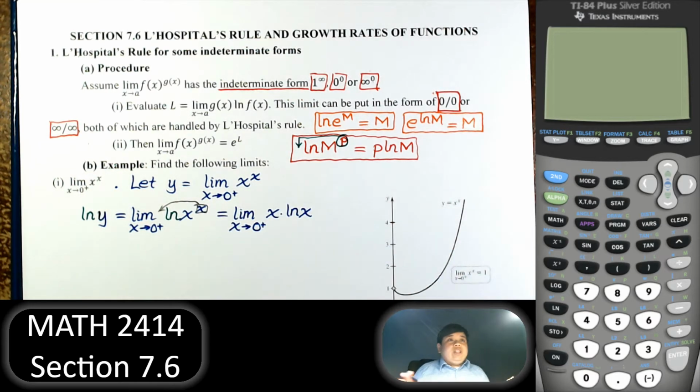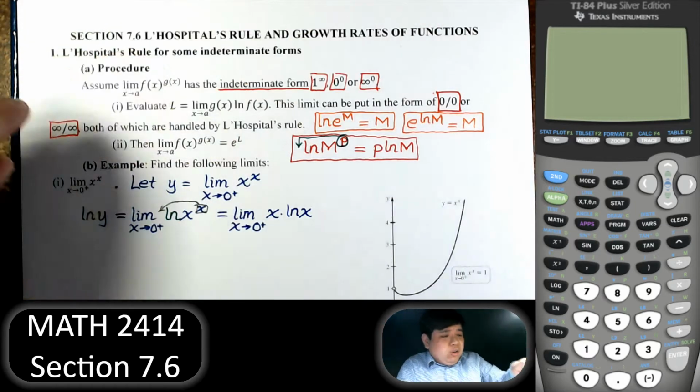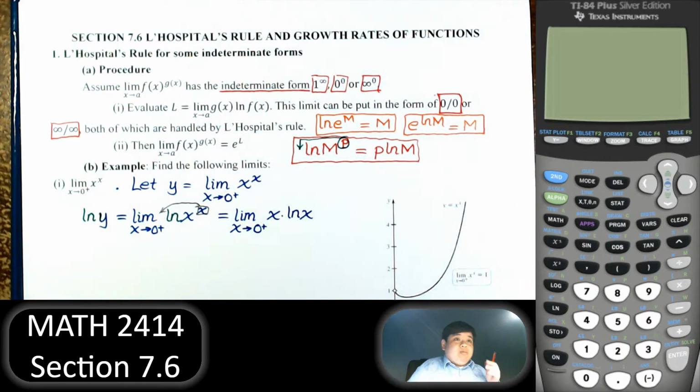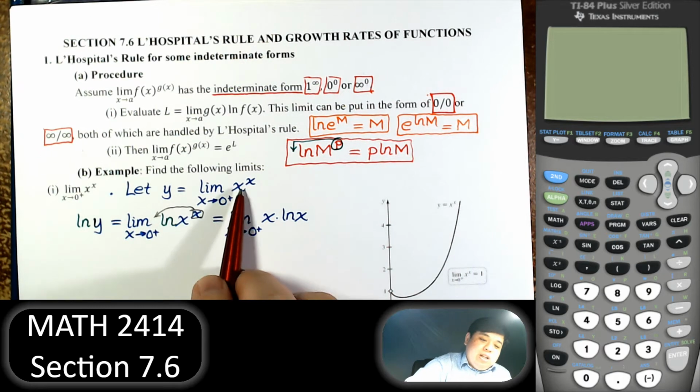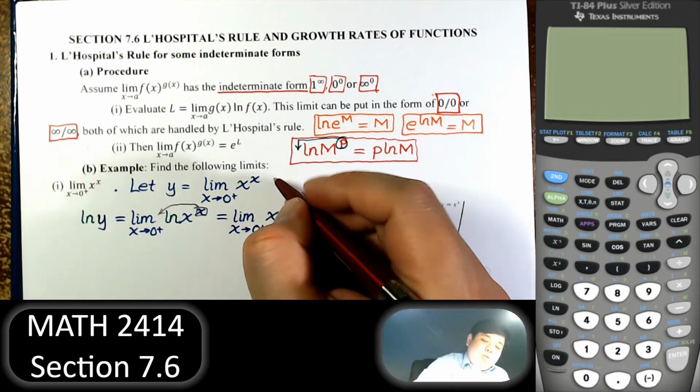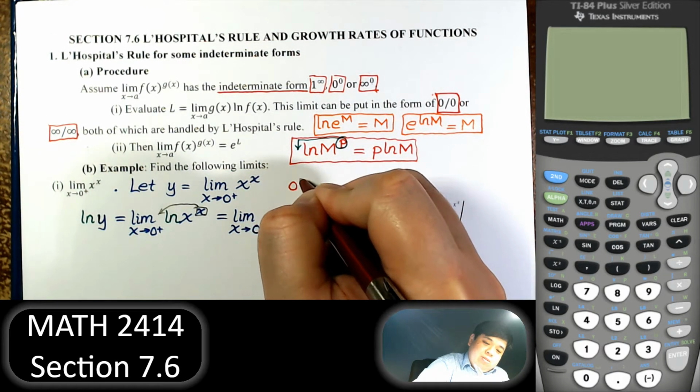All of this is correct, but I forgot one important thing. The first important thing with L'Hôpital's rule is, when we're trying to find the limit using L'Hôpital's rule, make sure that it is in indeterminate form, or otherwise we don't need to use L'Hôpital's rule. So I forgot to do that step first. Let's check real quick. When x goes to 0, we have x to the x power, so this pretty much goes to 0 to the 0.